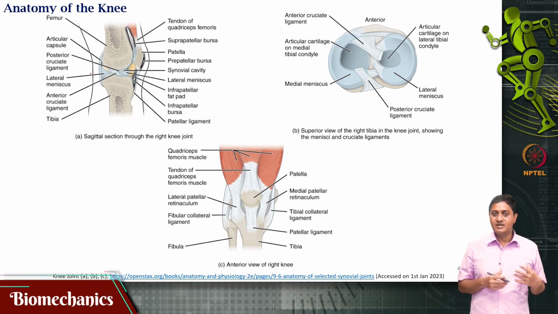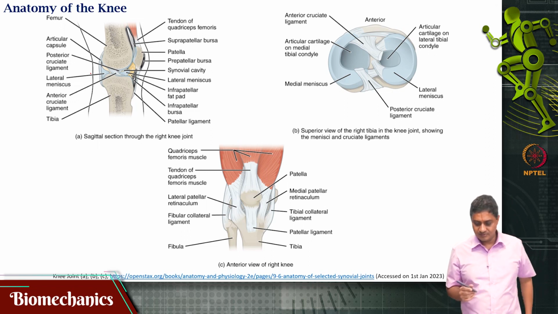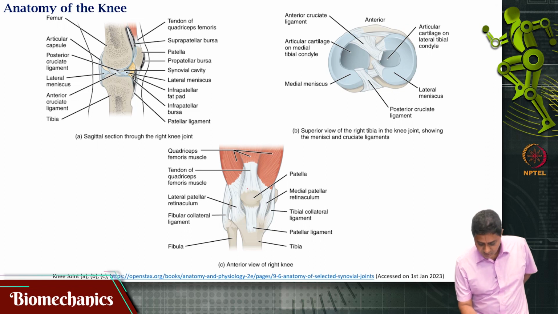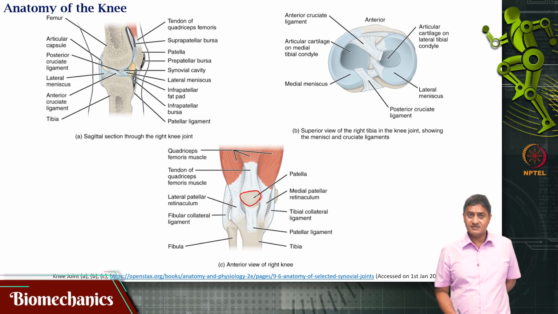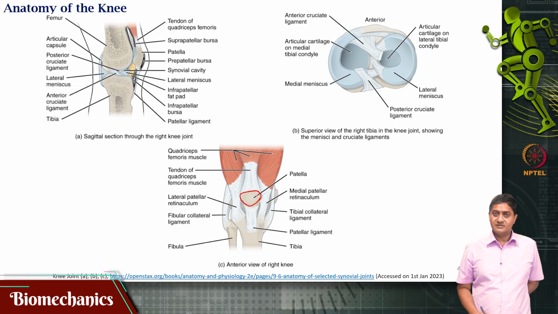This is the bone that is interacting with the patella or the kneecap. So, the kneecap, on the knee you will see this roughly triangular shaped bone that you see. It is called as patella or the kneecap.